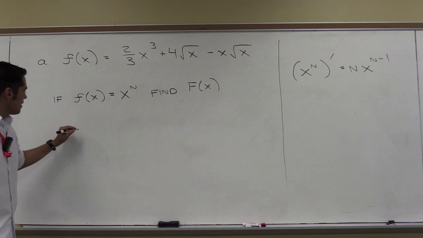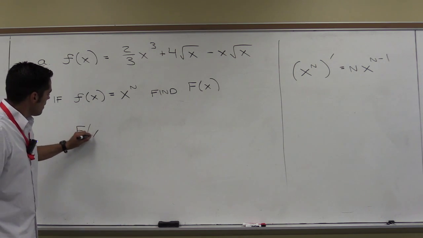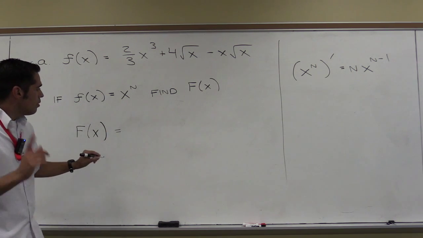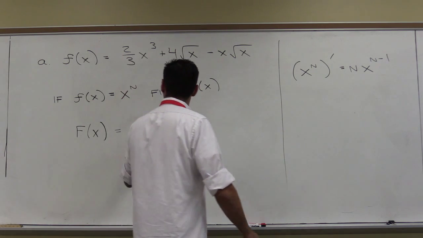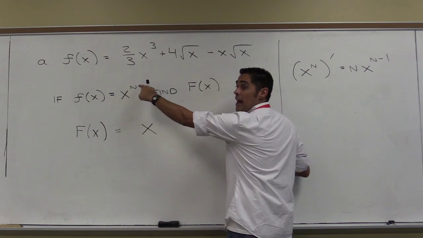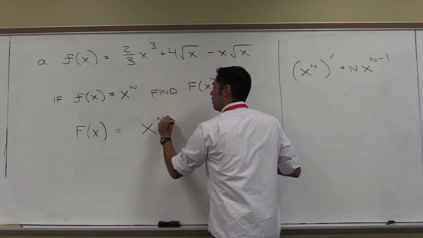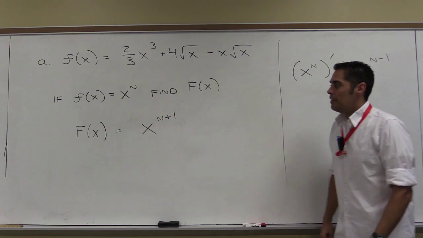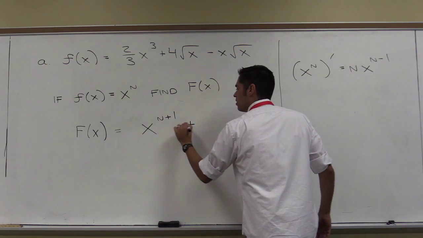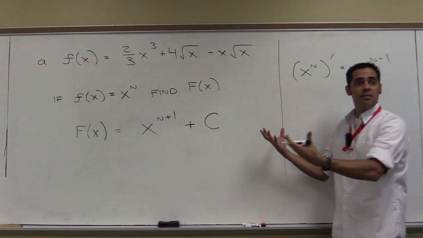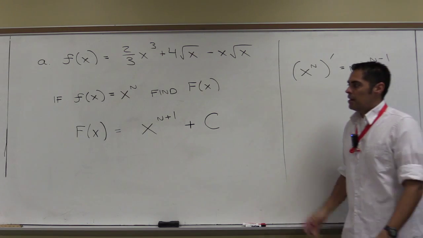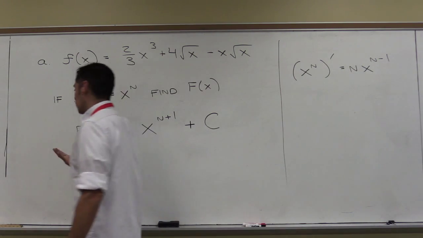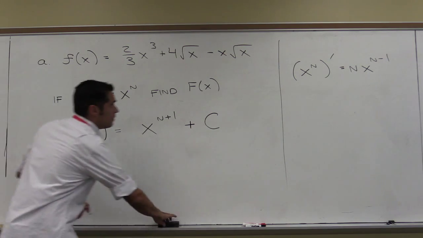So we said capital F of x, the power would have to be what? 1 more than that, right? So n plus 1, we'd have to add to the power. And then we would always need to add some constant to get the general antiderivative. But is this enough?